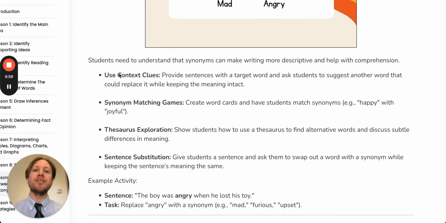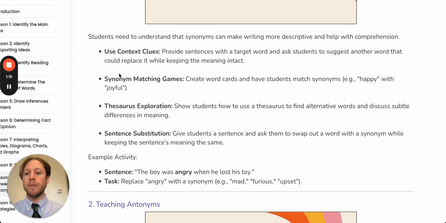We've talked about this in the past. Context clues help students understand words that they don't yet know by looking above, below, and around the word that they are unfamiliar with. Now we can have a look at the example presented down below, where we might present a student with this sentence that reads, "The boy was angry when he lost his toy."